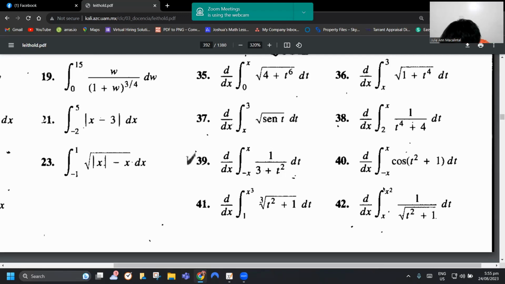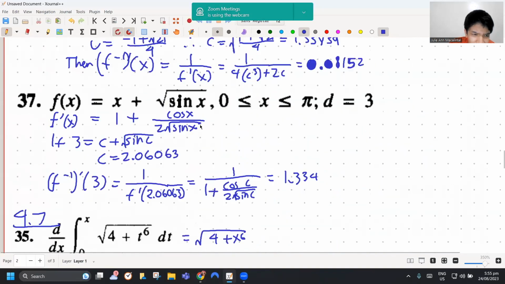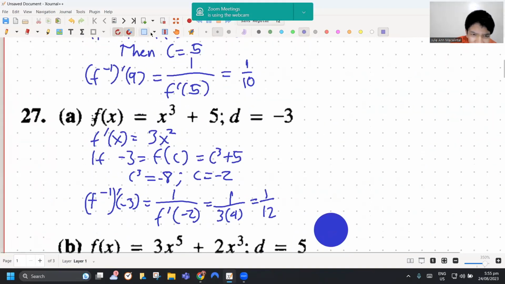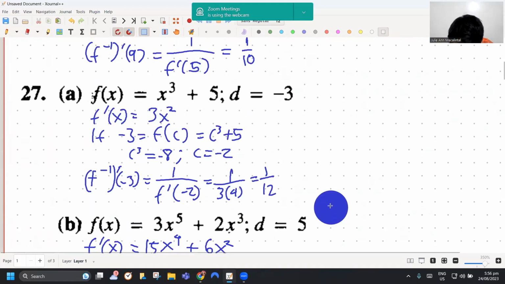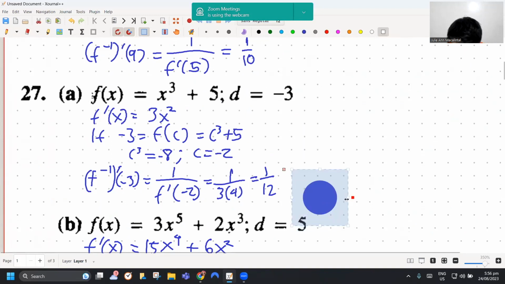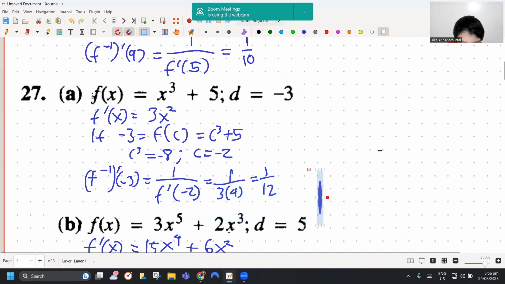So balik na tayo sa section 5.1. So number 39.